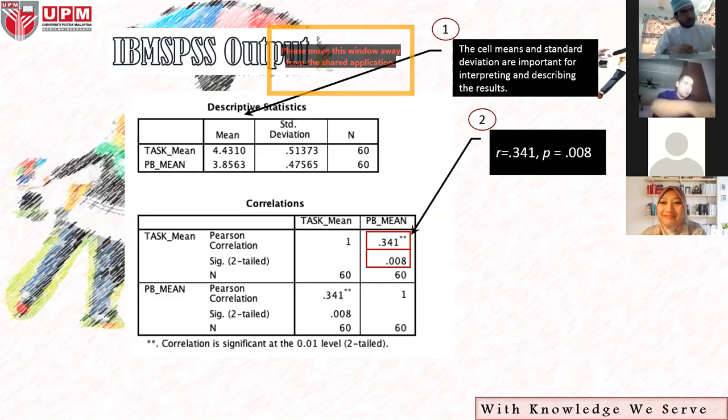Two flowers indicate that the result is significant at 0.01. Three flowers indicate that the result is significant at 0.001.